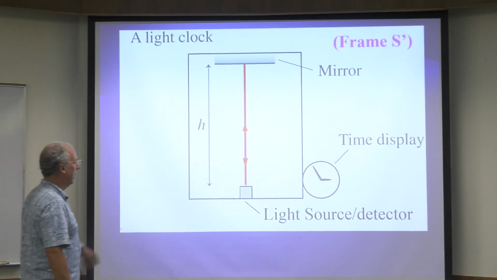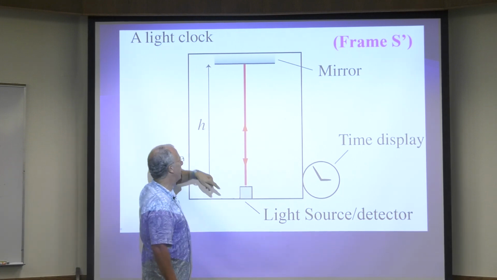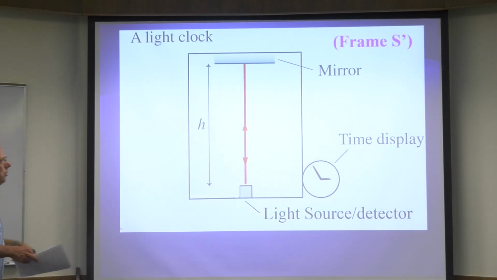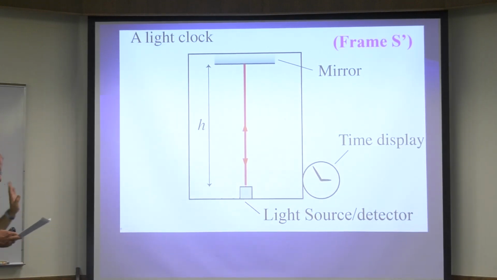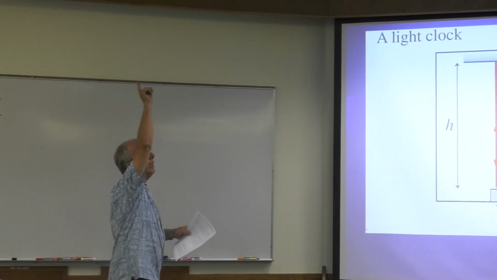Before we had 150,000 kilometers, but now we're just going to say H. So that's Velma. This is frame S prime. We want the light to go up and back.